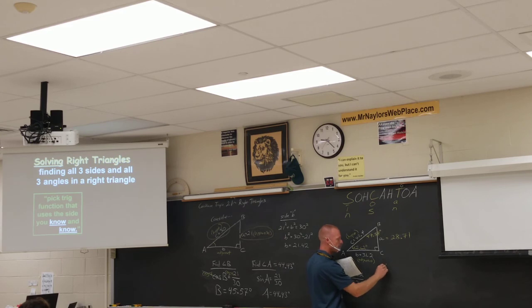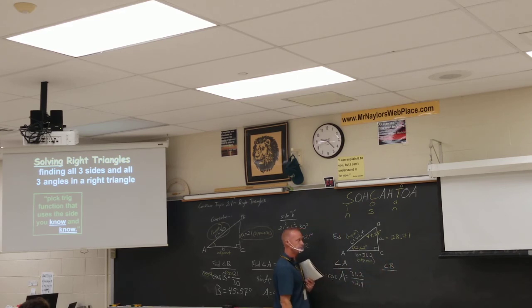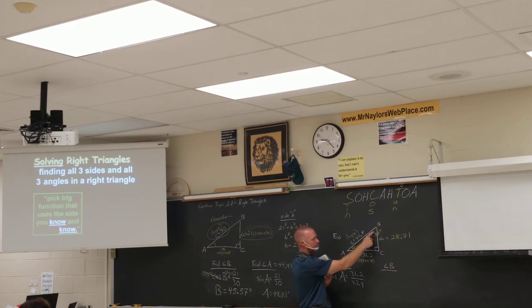If you went after angle B, using trigonometry, now this side is the opposite. Again, if you're going after angle B, this side is the opposite. Of course, opposite and hypotenuse is what I know, and that's why we're going to use sine.